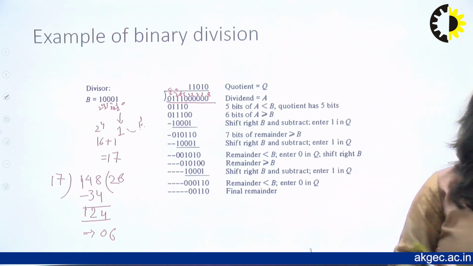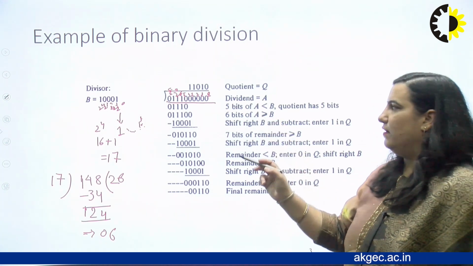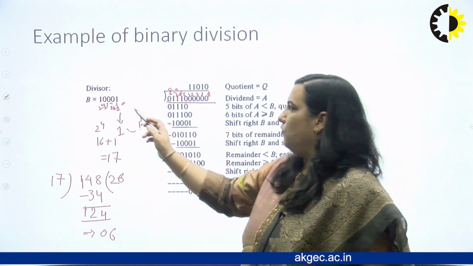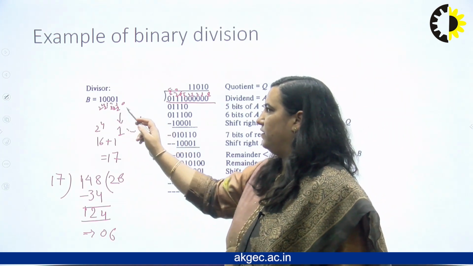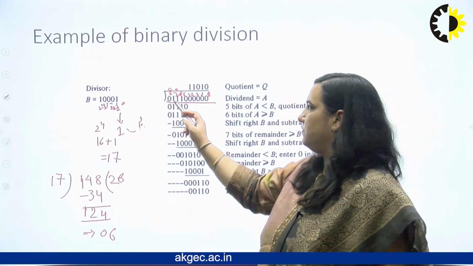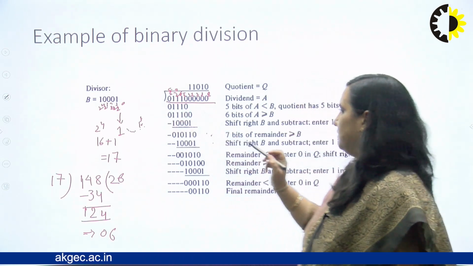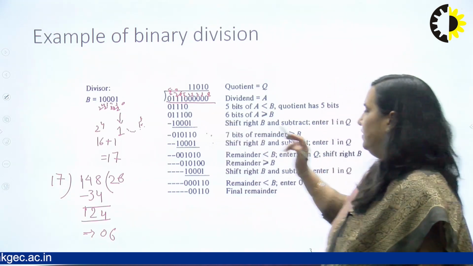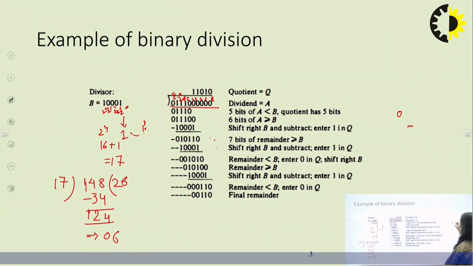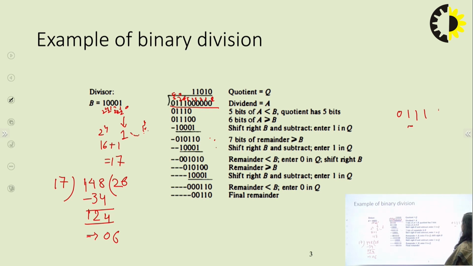In the divisor we have the value 17, and we take the first 5 bits of the dividend, 1, 2, 3, 4, 5. Now what is the value of these 5 bits? It is 0, 1, 1, 1, 0.